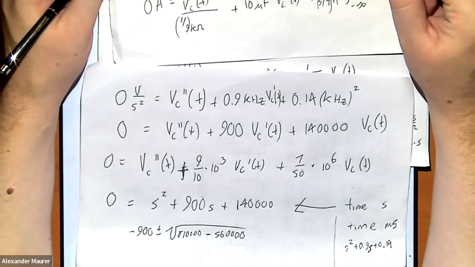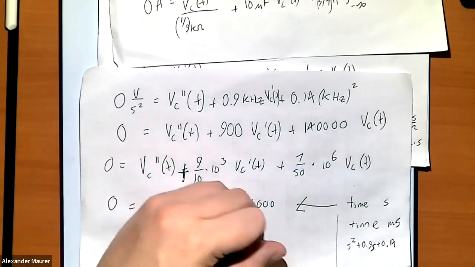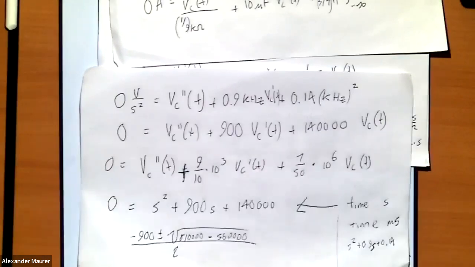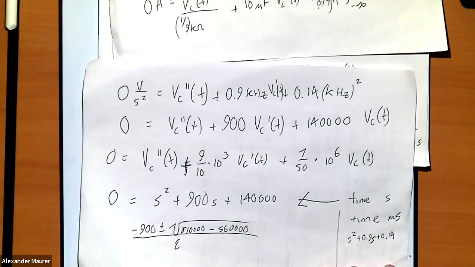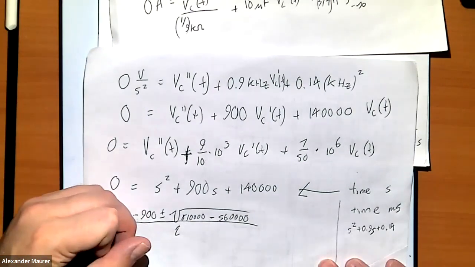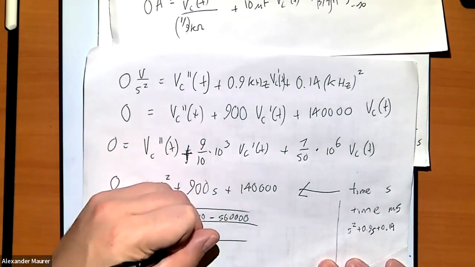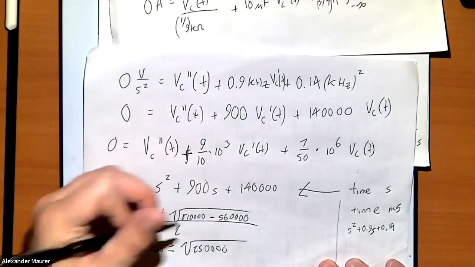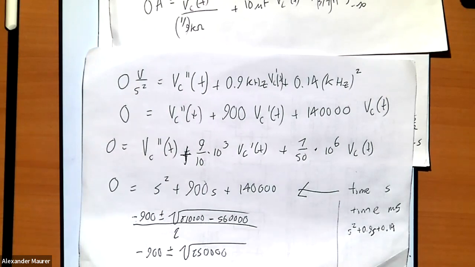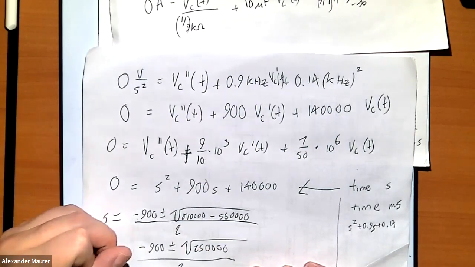So then the result is going to be, yeah, 56 over 2. See, it would have just been easier to factor it. And so then this becomes negative 900 plus or minus the square root of 250,000, which is pretty much exactly what I wanted. This is s equals.